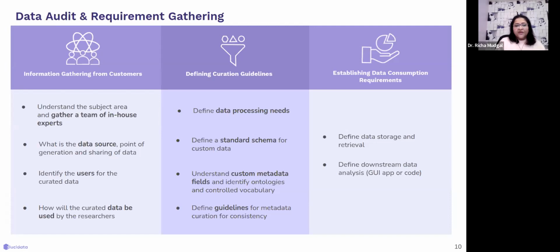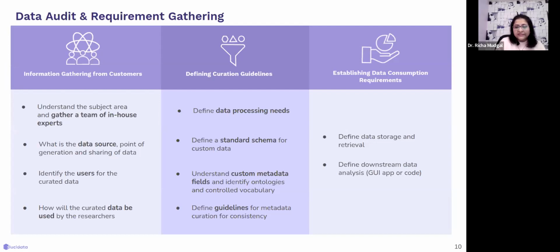Once we understand that, there is a large chunk of time that we spend understanding the processing needs and defining the standard schema, because the standard schema for different data sets would enhance interoperability and the understanding and use of the data.